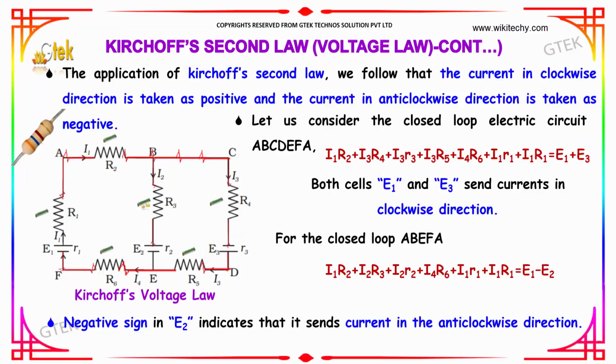Let's move on to another closed loop A, B, E, F, A. So I1 R2 plus I2 R3 plus I2 R2 plus I4 R6 plus I1 R1 plus I1 R1 is equivalent to E1 and E2.